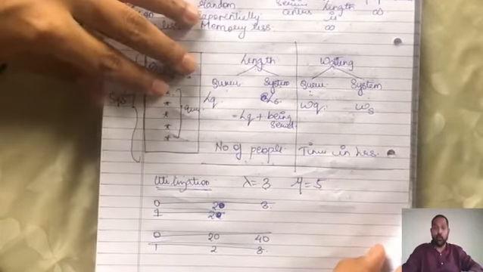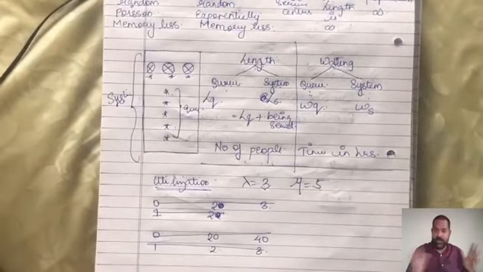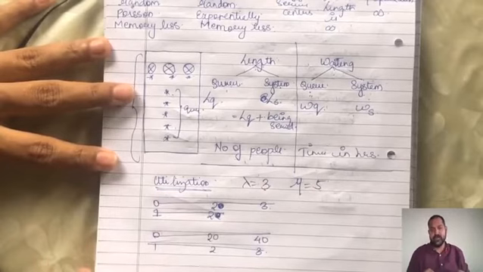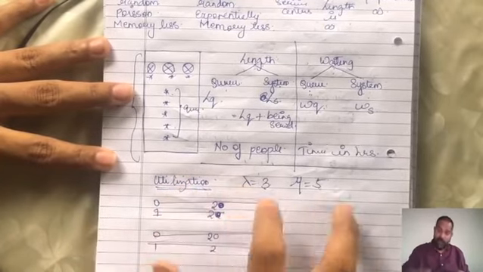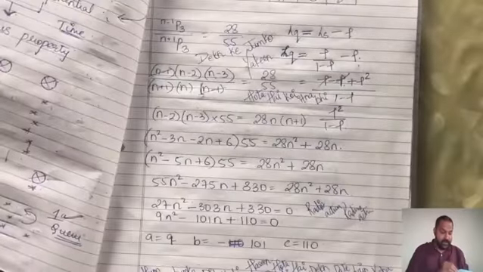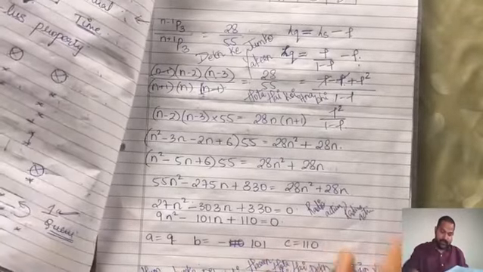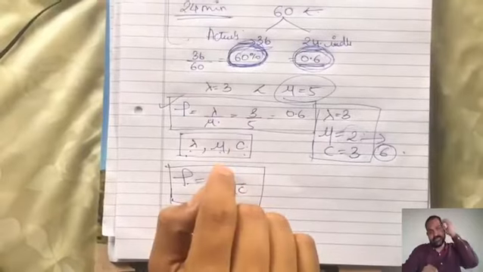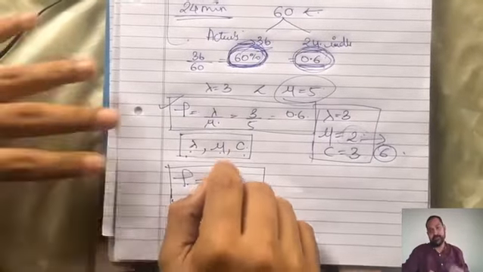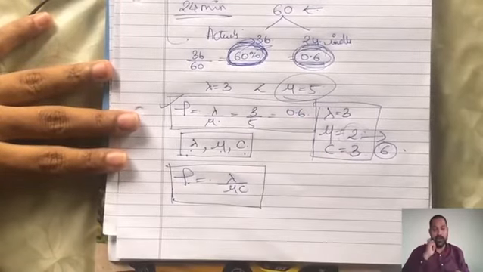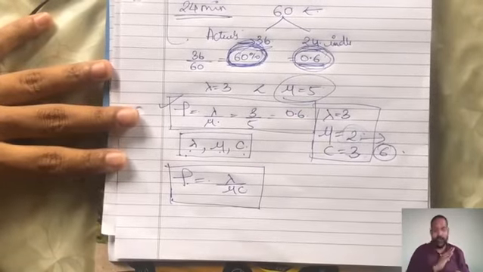What we are going to judge everything on is how well utilized your system is. And this utilization is given by the values of lambda and mu by a simple calculation: utilization is given by rho. That rho is nothing else but lambda upon mu. This will tell you how well utilized the system is, and depending on that, I will tell you everything else.